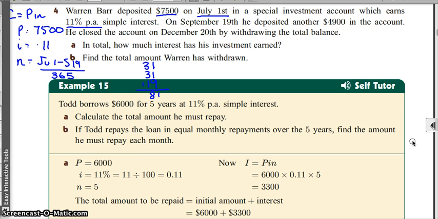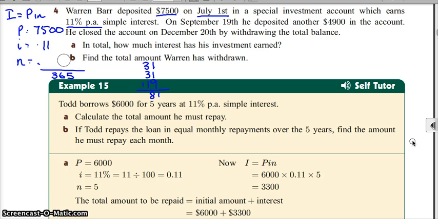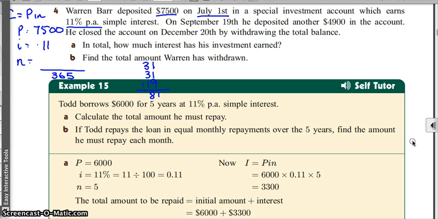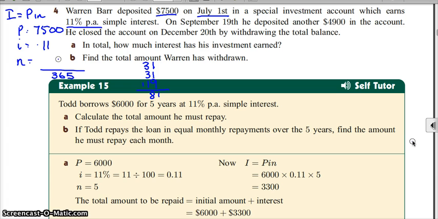So then we go back to here. What we've got as our fraction of a year is 81 days out of 365. For 81 days out of a whole year, 7,500 is put into an account at 11%.